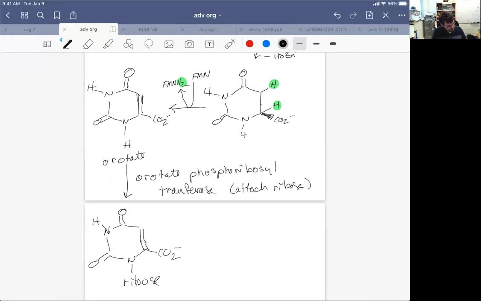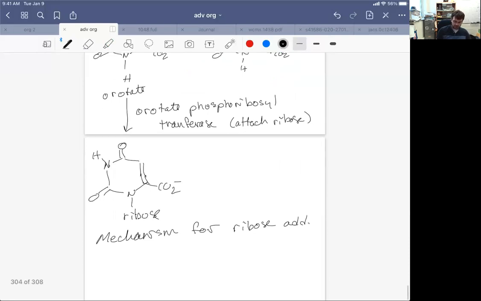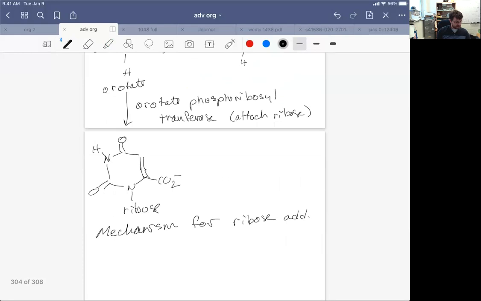We can look at that mechanism. Okay, so to do this reaction, and this is going to be the mechanism for ribose addition, we need to have a good leaving group on our ribose so that we can do a substitution reaction.